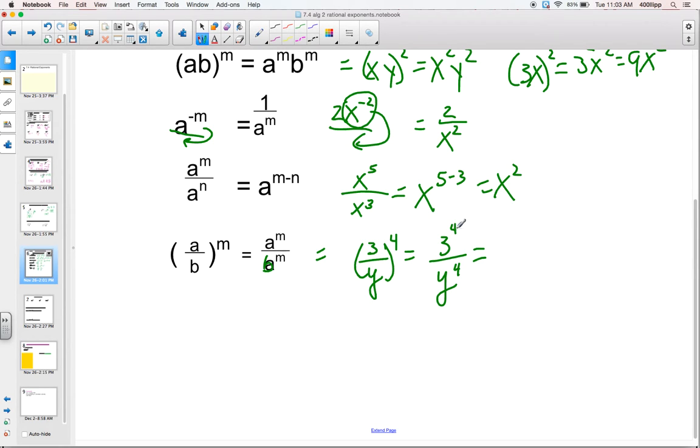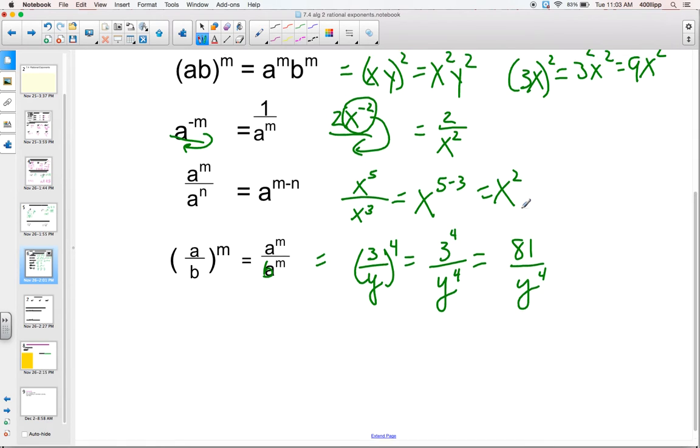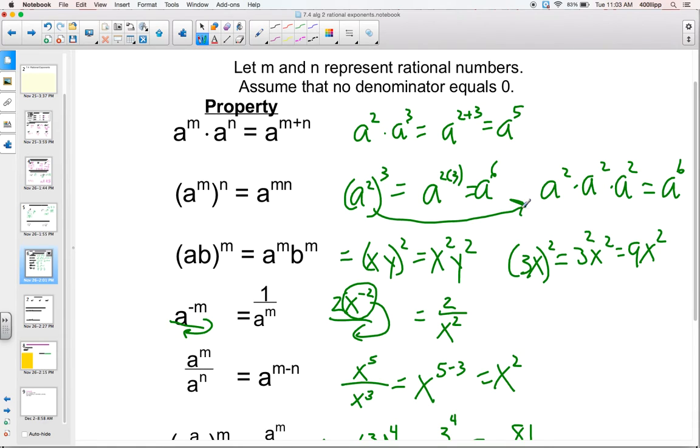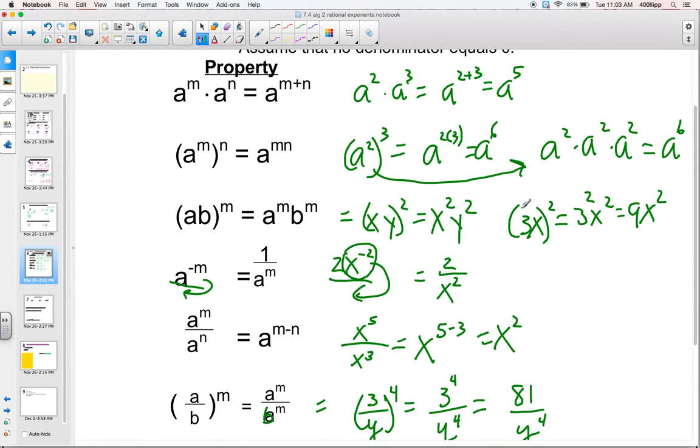If I'm taking something to the 4th power, I really just square it twice. So I go 3 squared is 9, 9 squared 81. So 3 to the 4th is 81 over y to the 4th. Those are our properties of rational exponents that we need to know. So make sure you go over those.